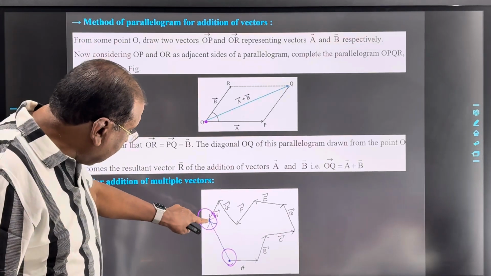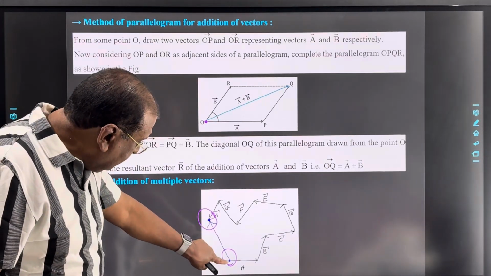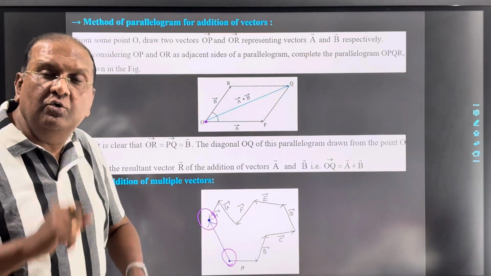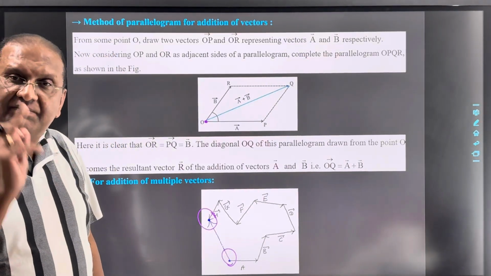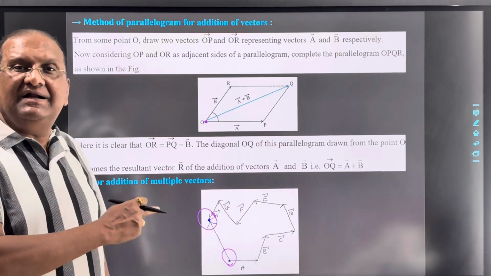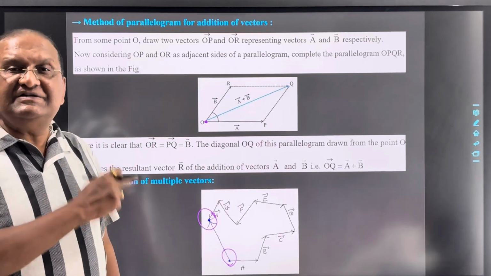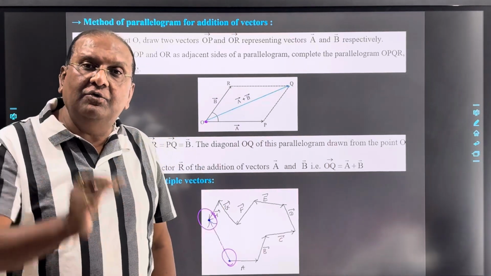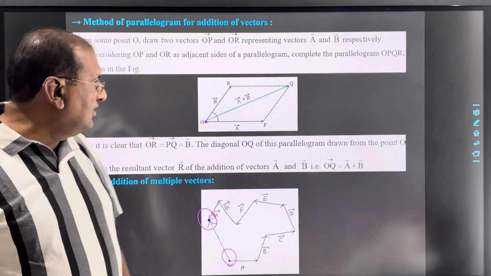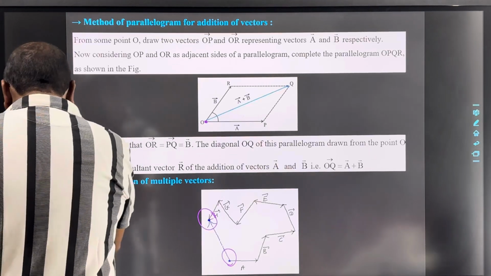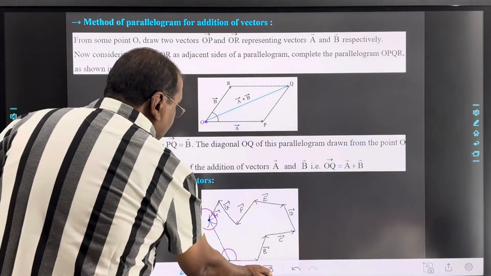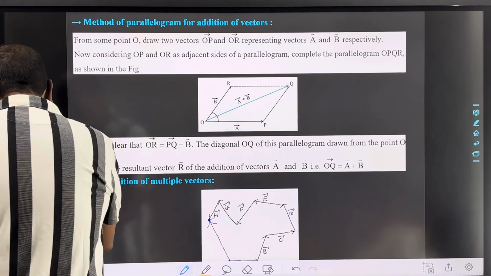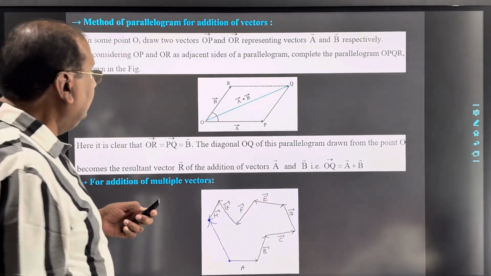So if the head of the last one falls on the tail of the first one, then the closed loop is formed. Then remember this thing, the resultant of all these vectors, means the summation of all these vectors, will come to 0. Clear to all of you? So in this way we can prepare the summation of multiple vectors.